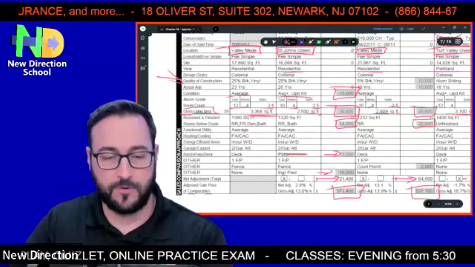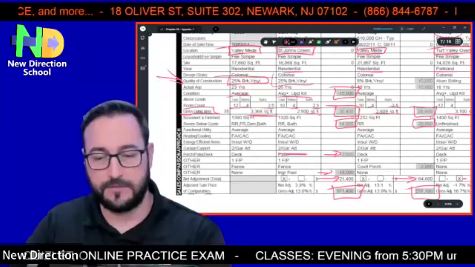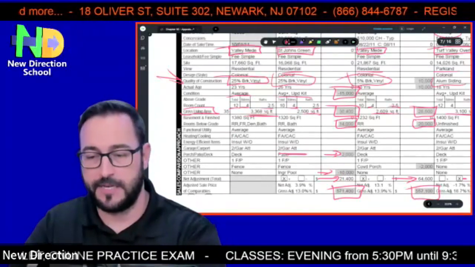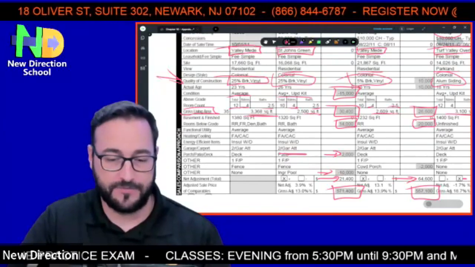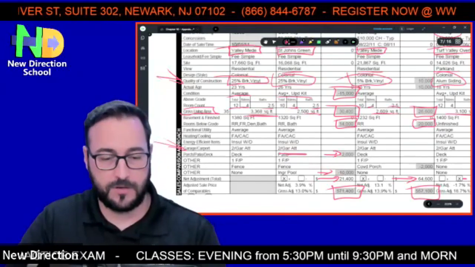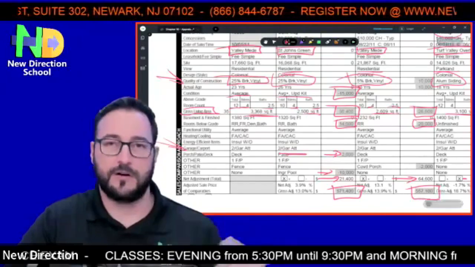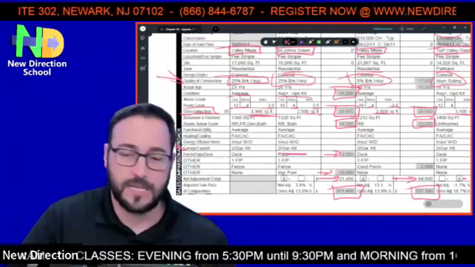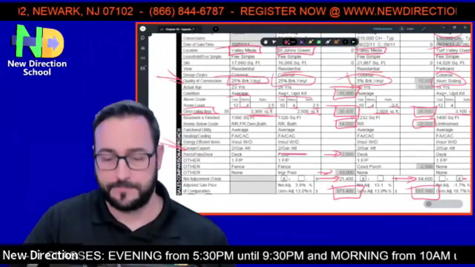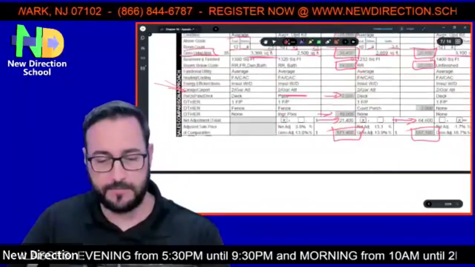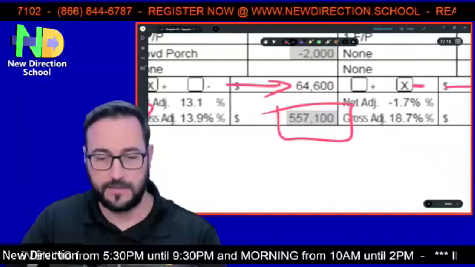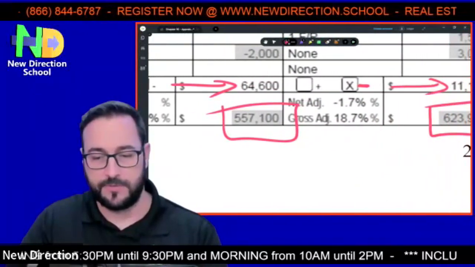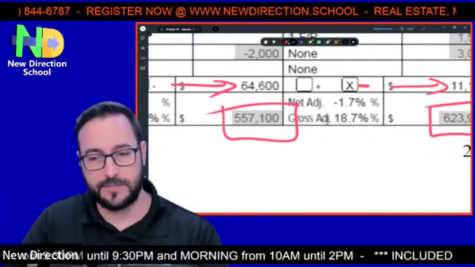I forgot to go over that. Vinyl, aluminum siding makes a difference. All the stuff, the type of insulation, if he has a garage or not, all these are adjusted. Thank you, Jim. So all these are adjusted. In this one, had a net adjustment of 3.9%, gross 13%, gross adjustment 13%, and so on. Variation of prices.